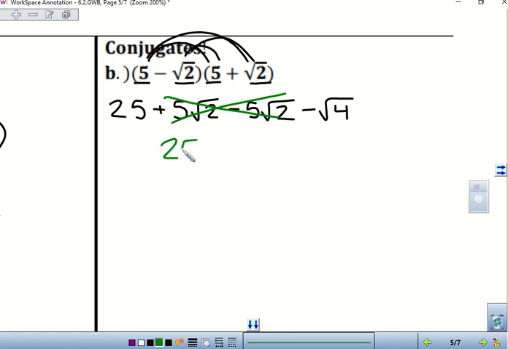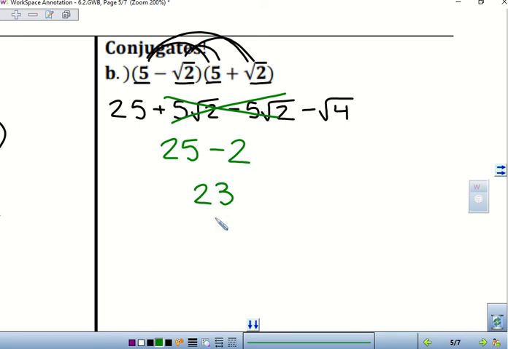That's the property of a conjugate, which means that's going to happen every single time that you multiply a conjugate by itself. So if you understand what a conjugate is, you can skip that middle step of multiplying the outer and the inner and just do first and last. Okay? So my final answer is going to be 23.